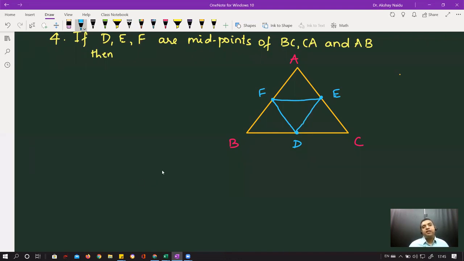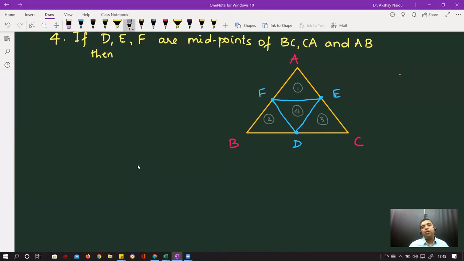All right. Now you form 4 triangles. Interestingly, you form 4 triangles. What are they? You form AEF. This is one triangle. This is the first triangle. This is the second triangle, third triangle, fourth triangle.